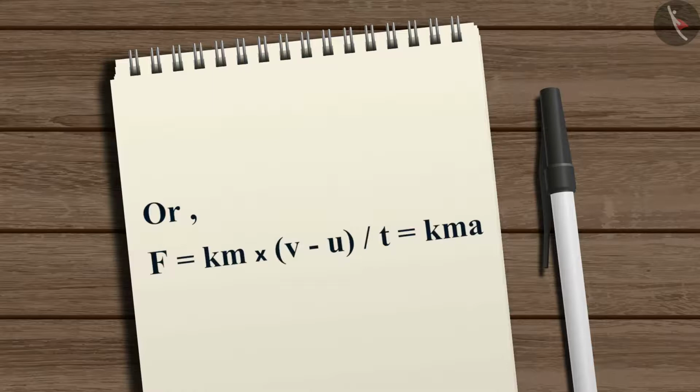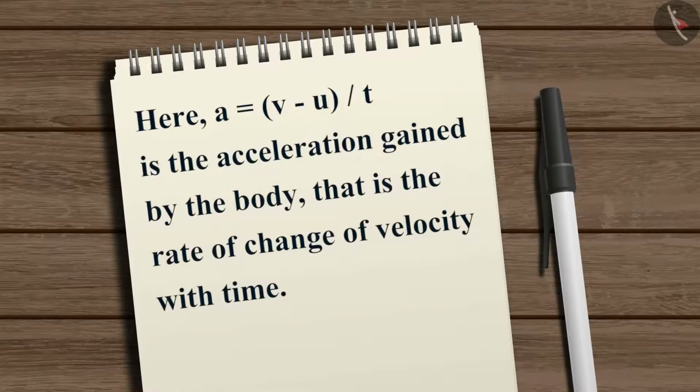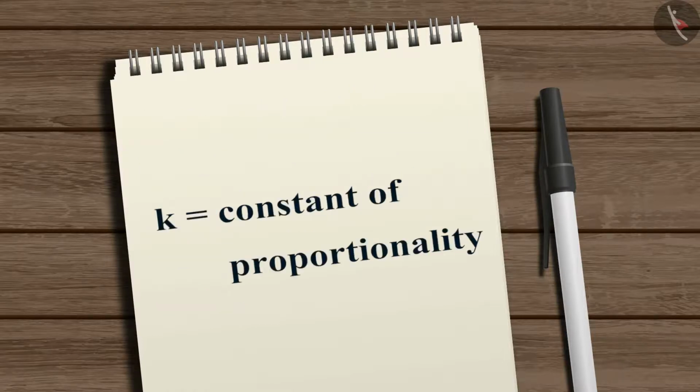F is equal to k multiplied by m multiplied by v minus u divided by t, which can be written as k multiplied by m multiplied by a. Here, a is equal to v minus u divided by t is the acceleration gained by the body, that is, the rate of change of velocity with time. The quantity k is a constant of proportionality.